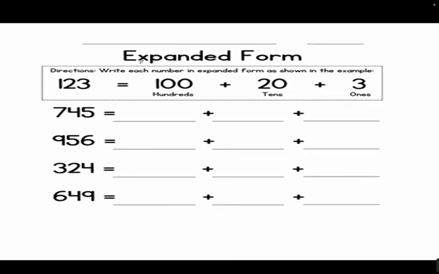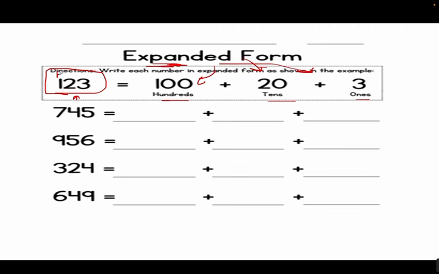Okay, now we are going to write each number in expanded form. Expand, break the number. So we are going to break each number to hundreds, tens, and ones. Now, write each number in expanded form as shown in the example. 123.